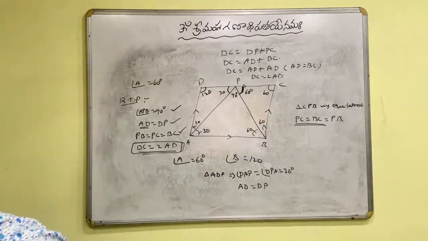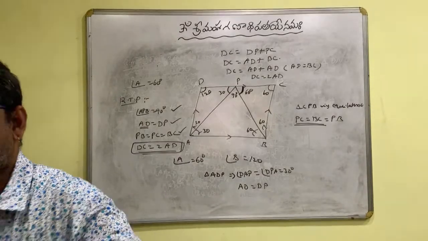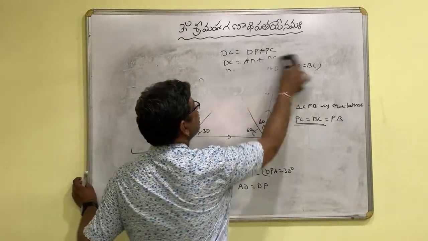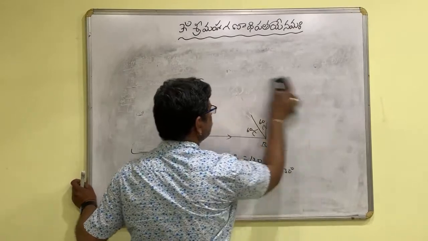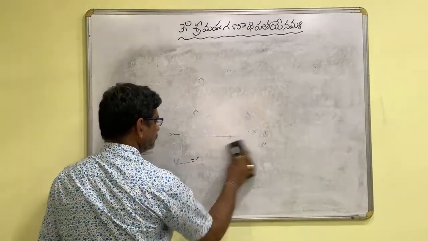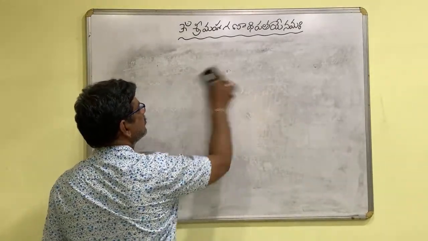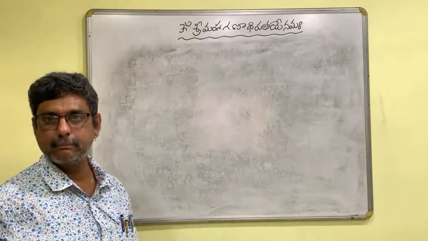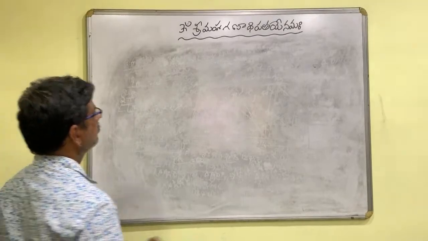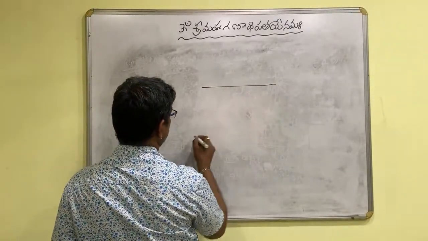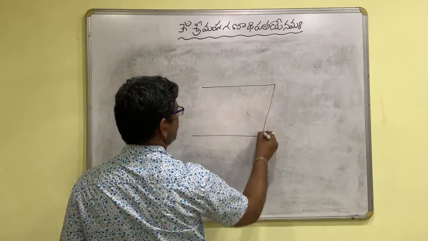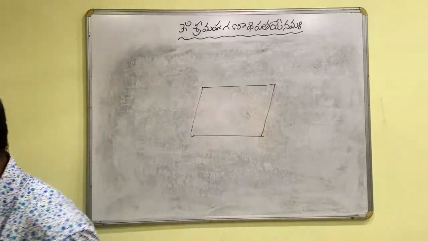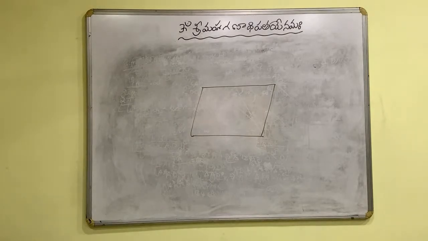Next. So, last question for today. ABCD is a parallelogram.